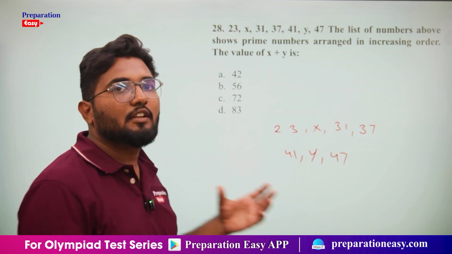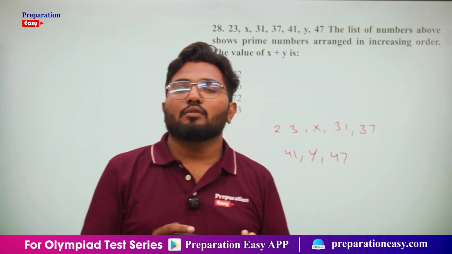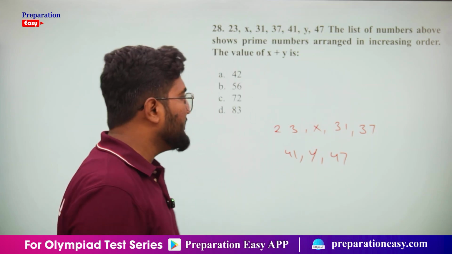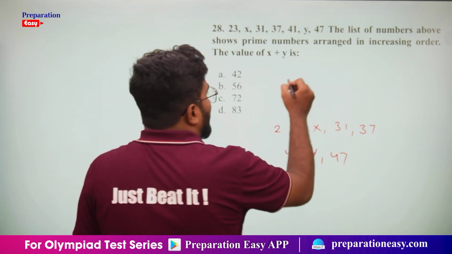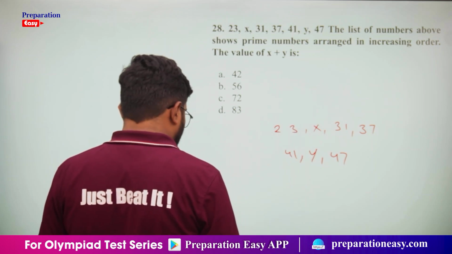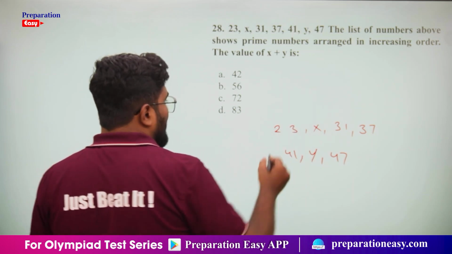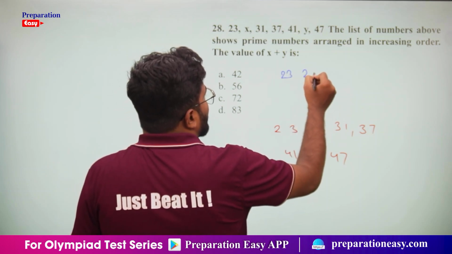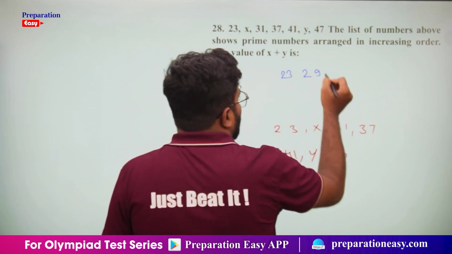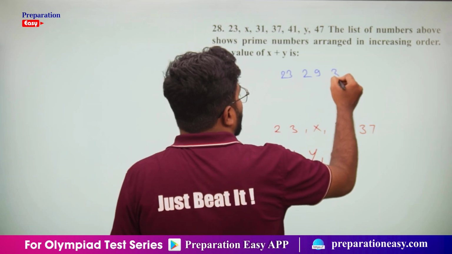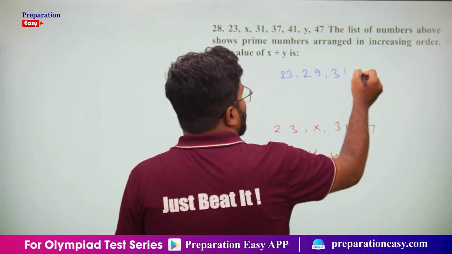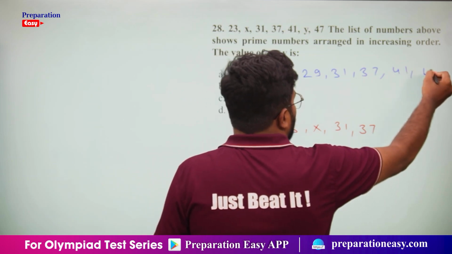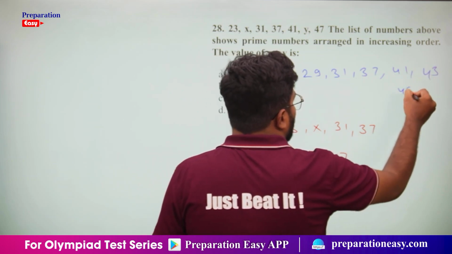Prime numbers means the numbers whose factors are itself or 1, no other factor should be there. Starting from 23, first is 23, then 29, after that 31, then 37, next number is 41, after that 43 and at last 47.